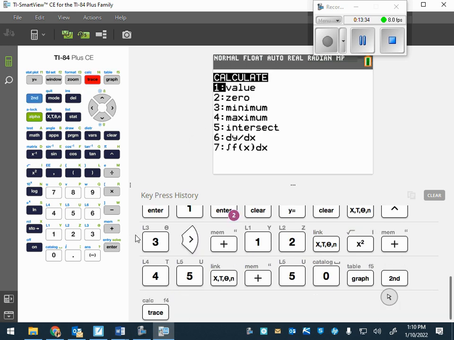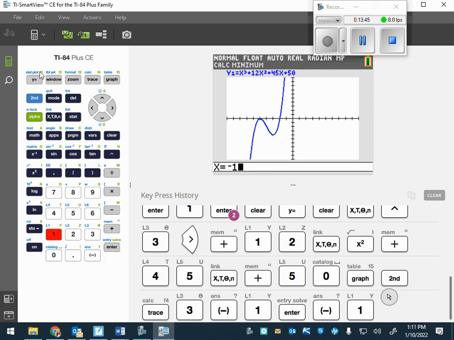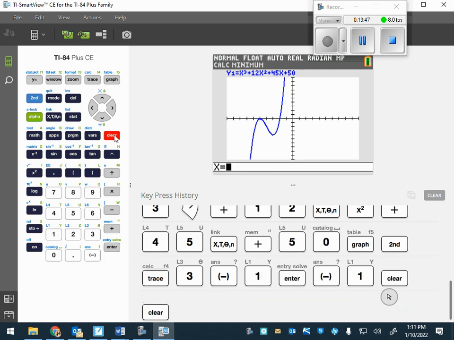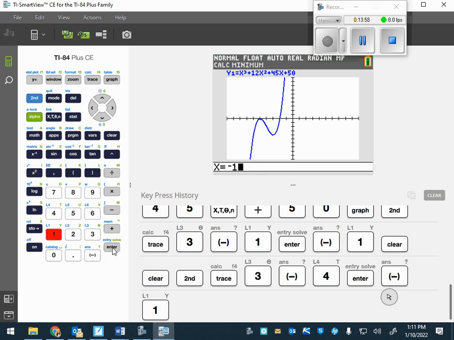Second trace, number 3. I'll choose -4. Oops. Negative. Oh, I did -1. Hold on. Sorry. 3. -4. -1.